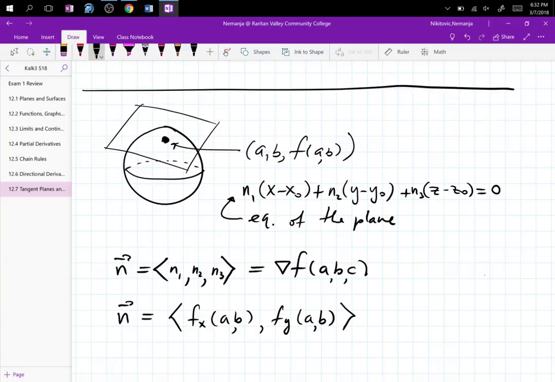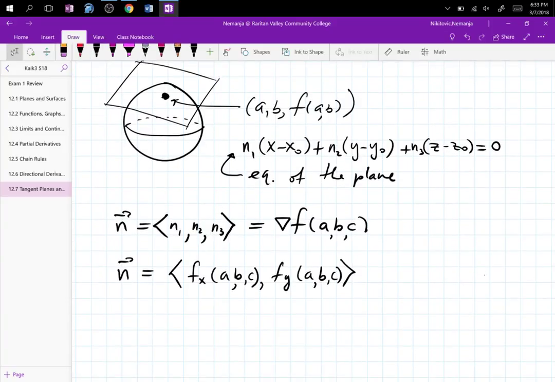And what do I have for, oh, hold on, ABC. We have the C component there. Perfect.